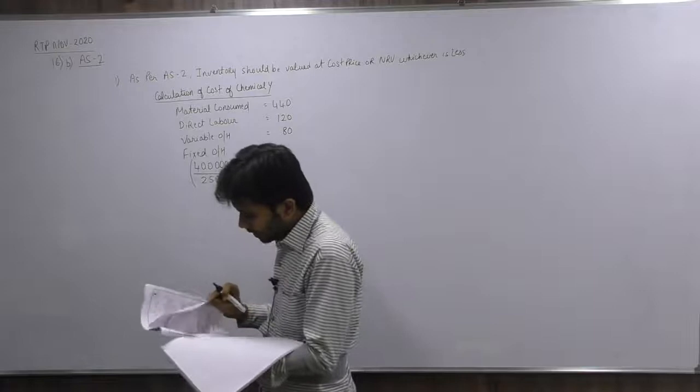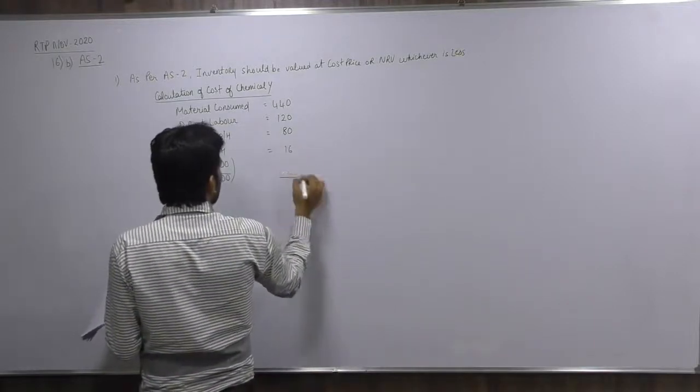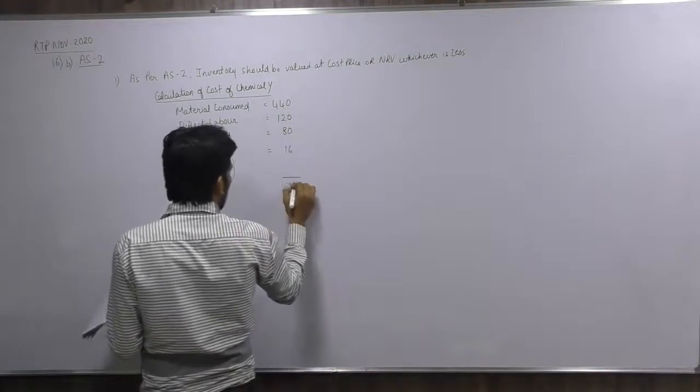So 4 lakh divided by 25,000 comes to ₹16. So this comes to 640, and 656 is its cost.